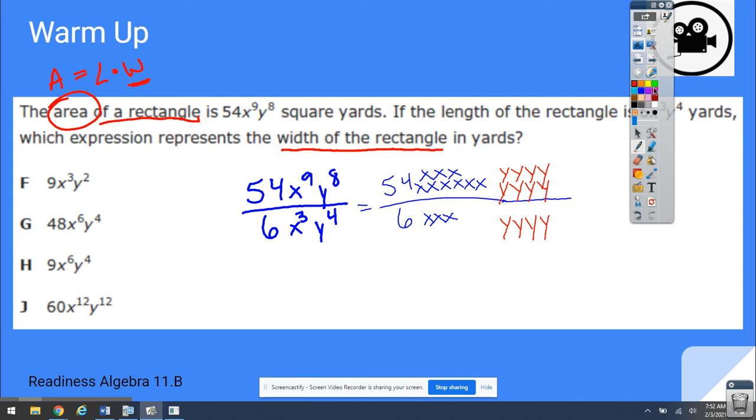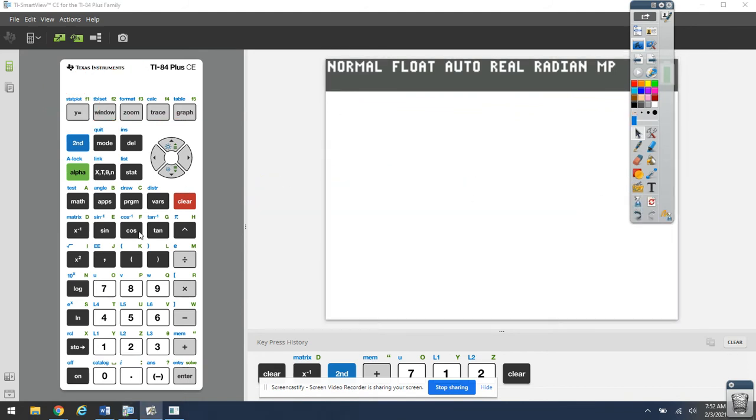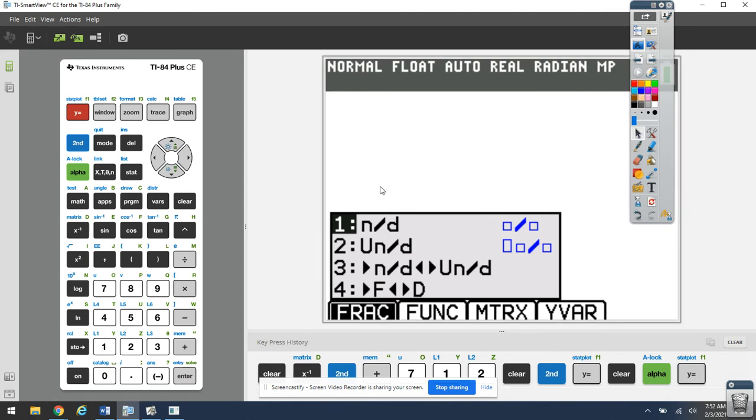When you're looking at your answer choices, you want to basically simplify this as best you can. So I got 54 over 6. I like to use the calculator just so that way I get a nice 100% answer on this. So I'm going to type in, so was it second y equals, nope, wrong one. Alpha y equals, yep, alpha y equals gives me this little fraction template here.